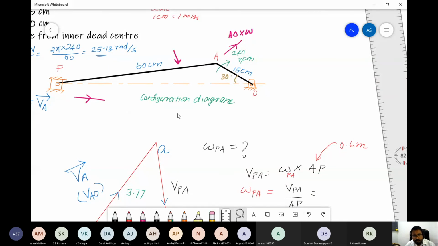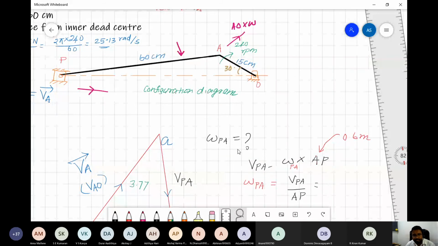All rotating linkages will produce a vector perpendicular to the link. So automatically the vector will be perpendicular to it. It can move upward or downward. We take this downward direction here, we solve it.